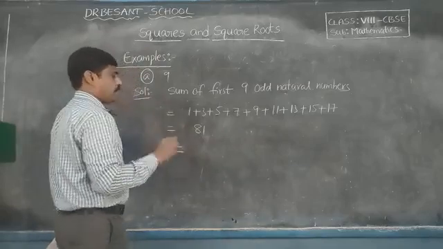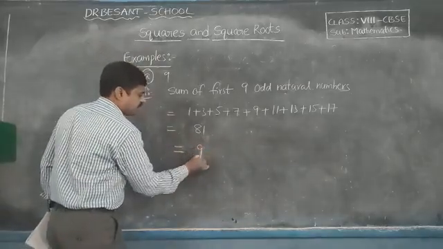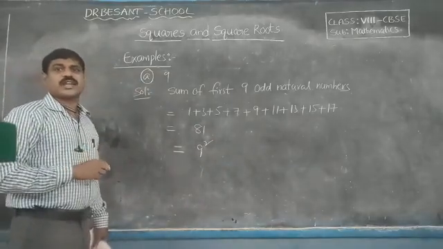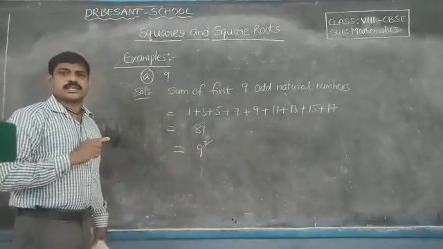So 81, so simply we can say that 9 square is 81. So this pattern we can observe through these examples.